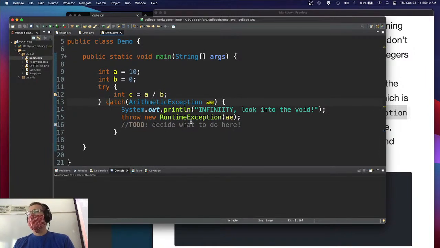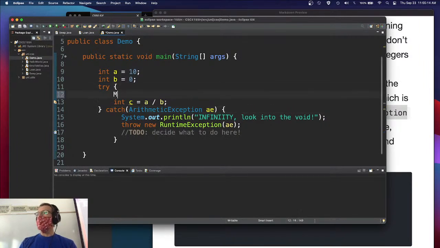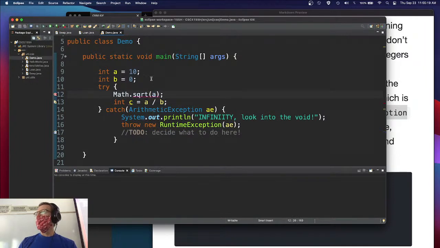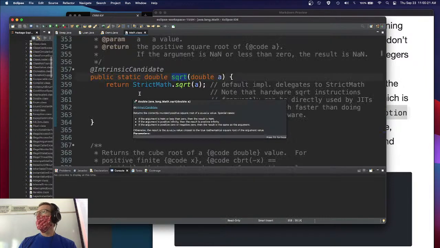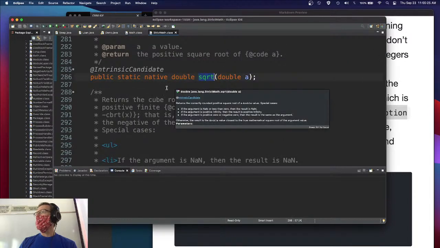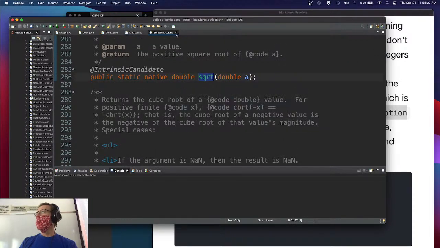Square root of -1, maybe. I'm not sure if that throws an exception or not. We could find out real quick. Math dot square root of a, and let's find out. I have to go down the rabbit hole here. It's making a call to the C standard library's square root function. That's what native code means.